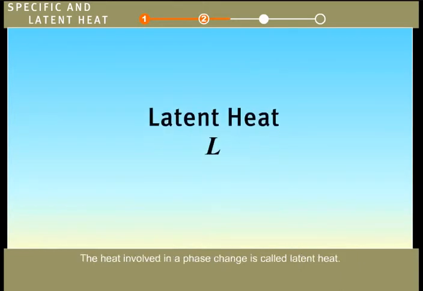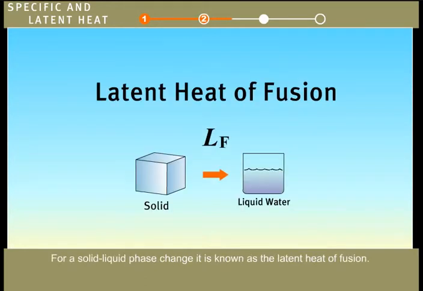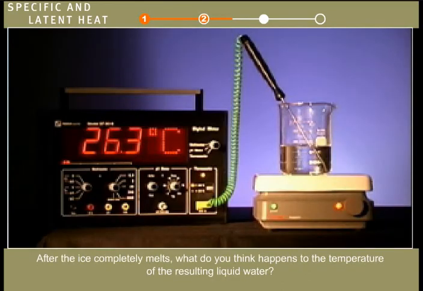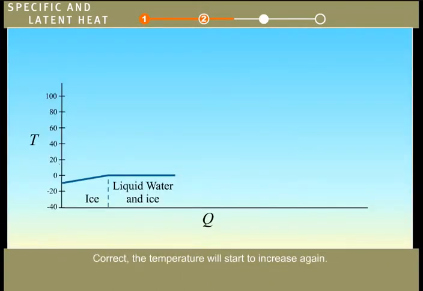The heat involved in a phase change is called latent heat. For a solid-liquid phase change, it is known as the latent heat of fusion. After the ice completely melts, what do you think happens to the temperature of the resulting liquid water? Correct. The temperature will start to increase again.